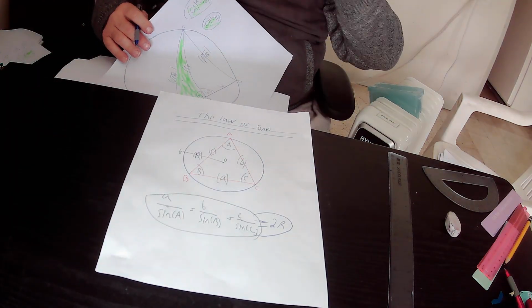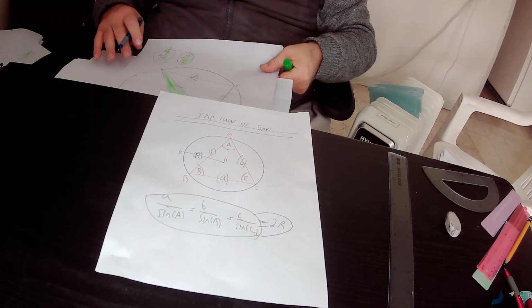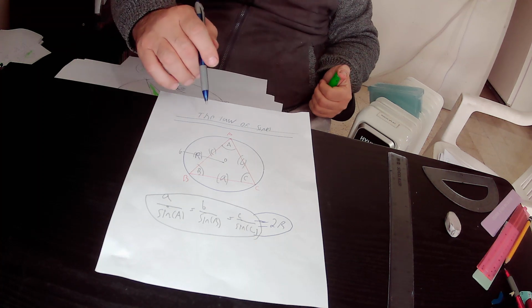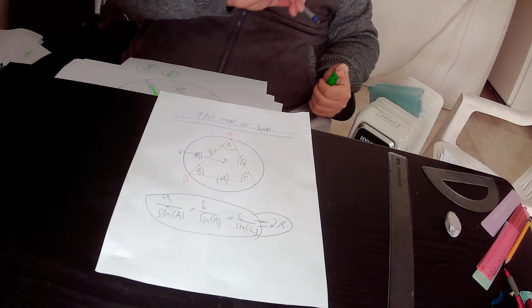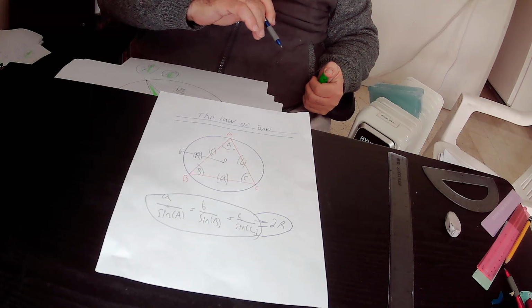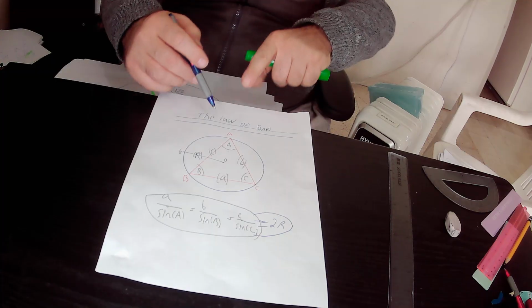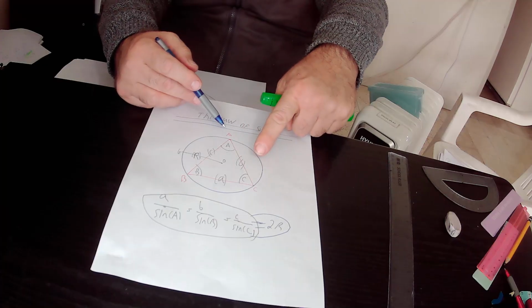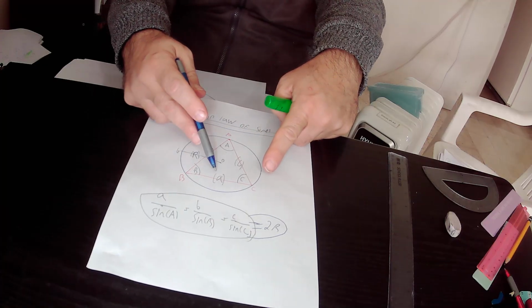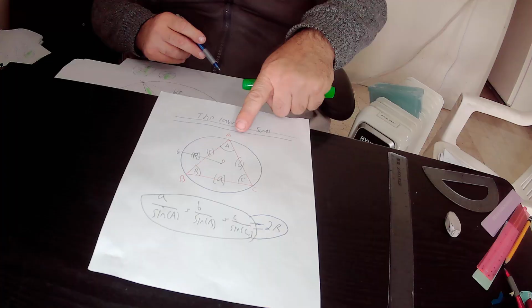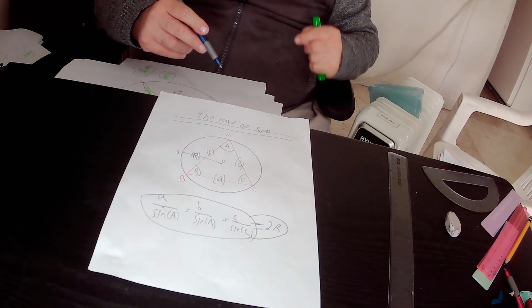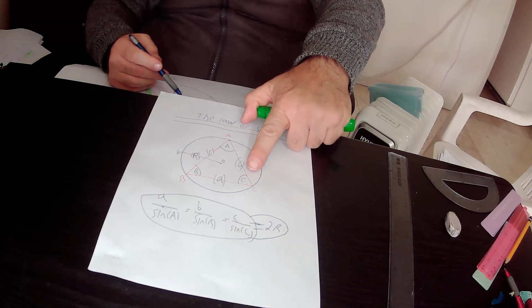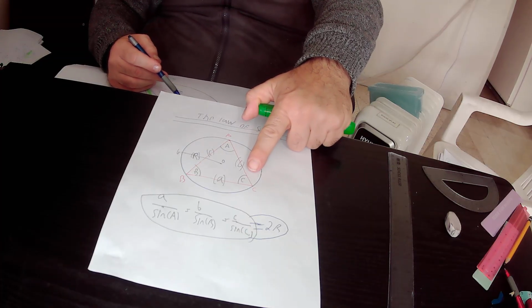The law of sines has two versions. In the first version, we are talking about triangle ABC that could be any triangle. Here side AB equals C units, side AC equals B units, side BC equals A units. This is angle BAC, which equals capital A degrees. This is angle ACB, which equals capital C degrees.